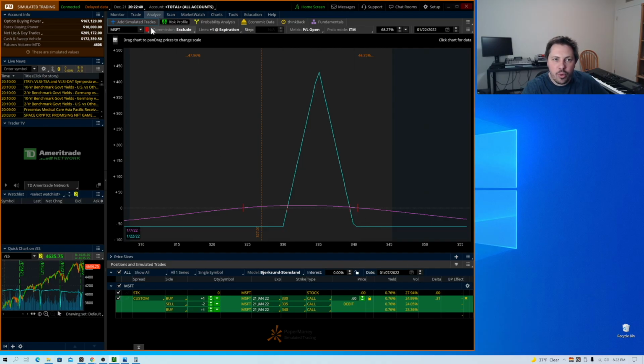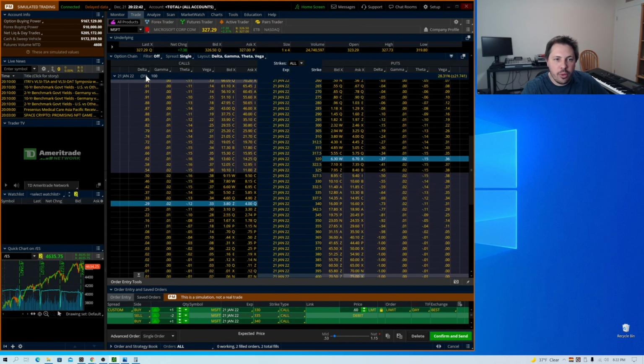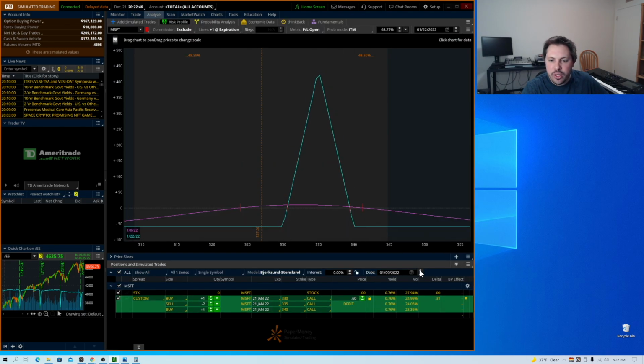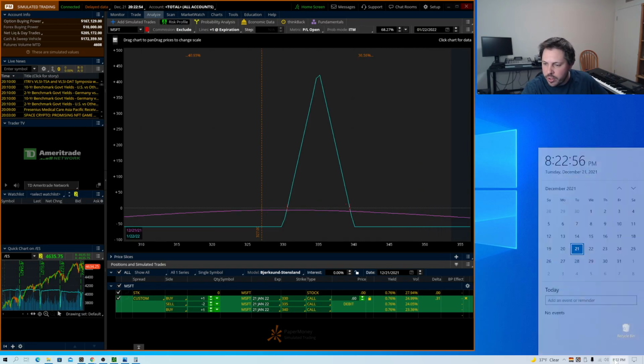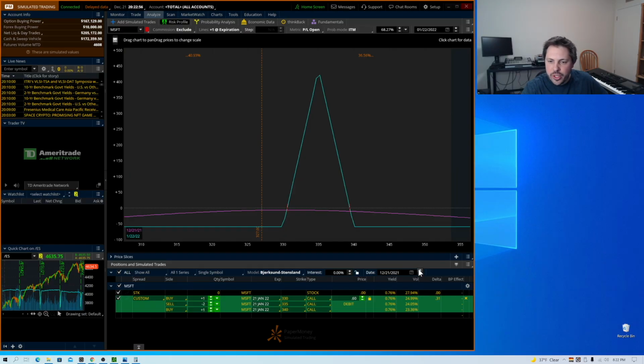And remember, we did this with 31 days of time. So when we start to step through this, if we go back to where we are now, the 21st, we can see that as time goes, this purple line is going to approach that blue line.